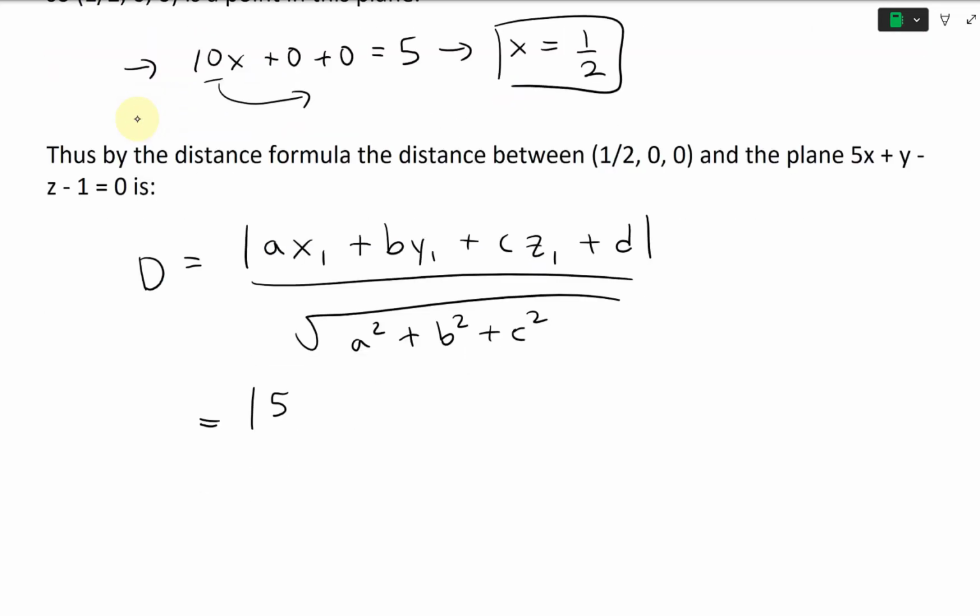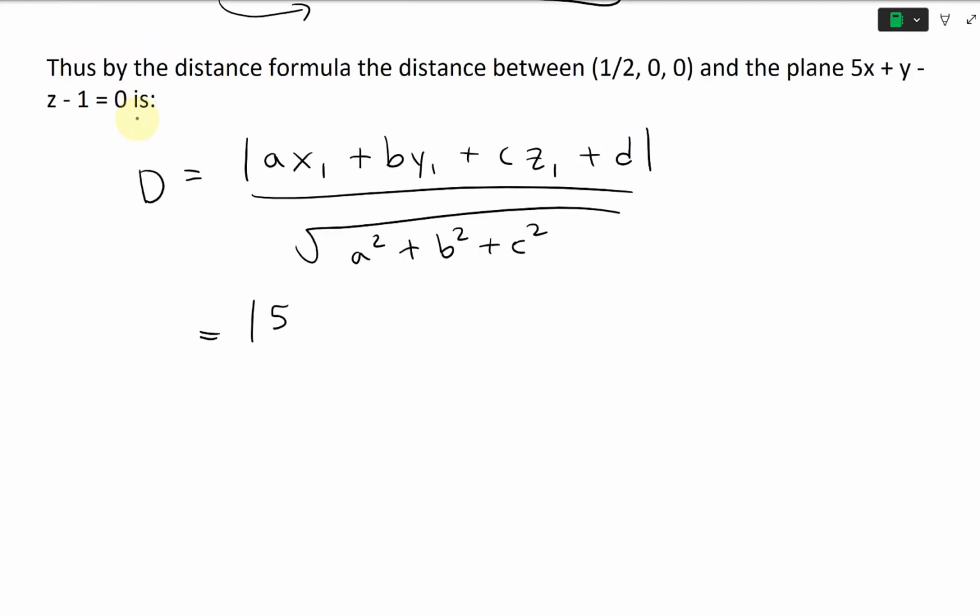So it's 5 times 1/2, plus 1 times 0, plus negative 1 times 0, plus d, which is negative 1.